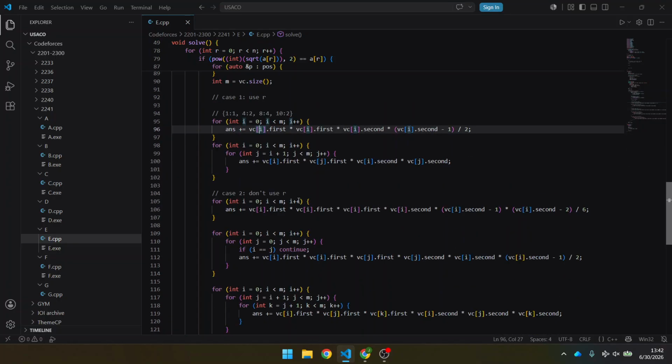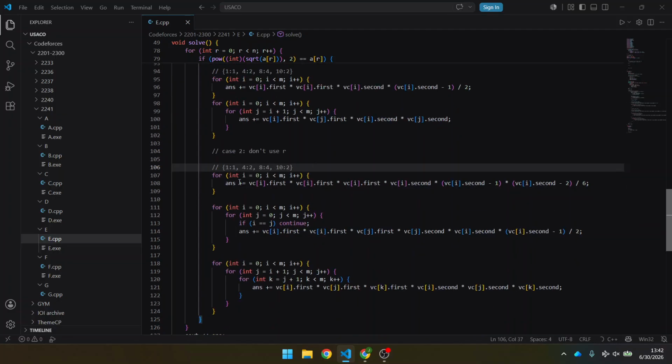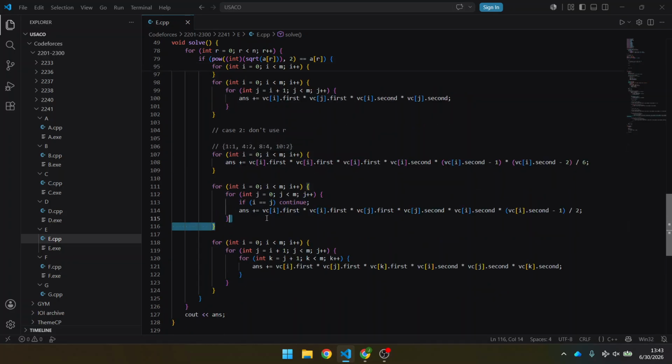And then if we don't use r, copy this here. So we can choose three from here, three from here, three from here, or three from here. So that's our first case. Second case is two from here, one from here, two from here, one from here, two, and then one, or it can also be one, two, one, two, one, two, and so on. So that's this case over here.